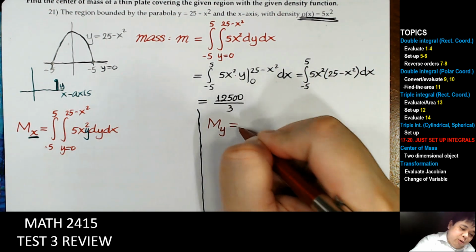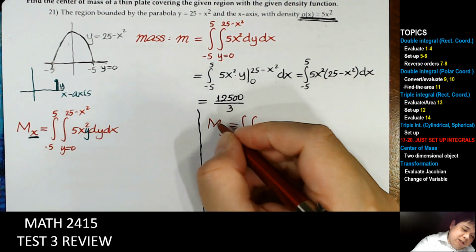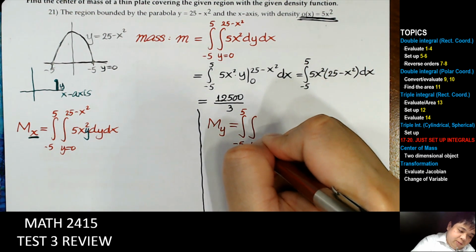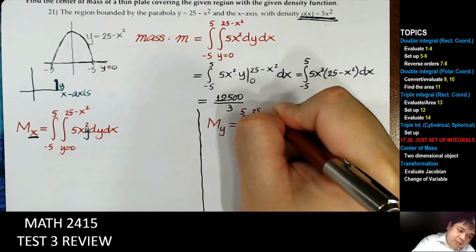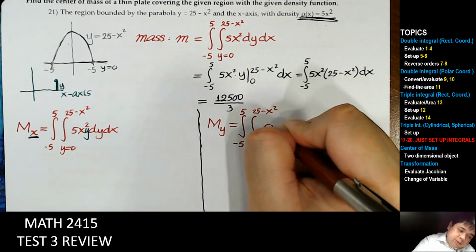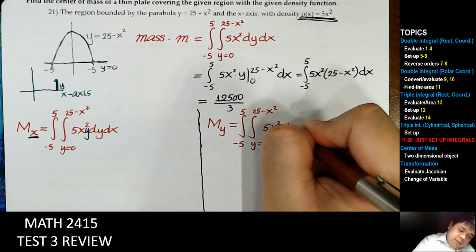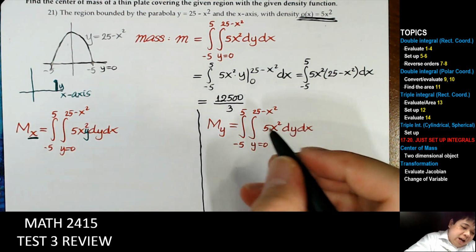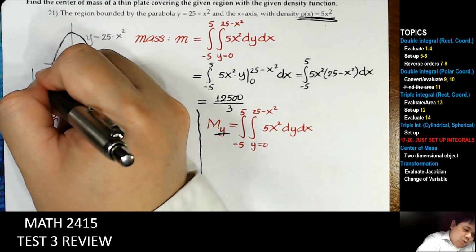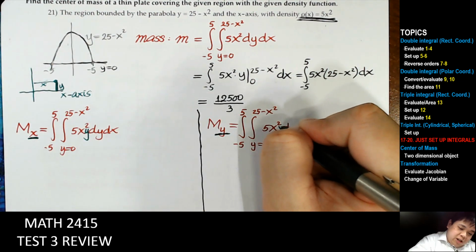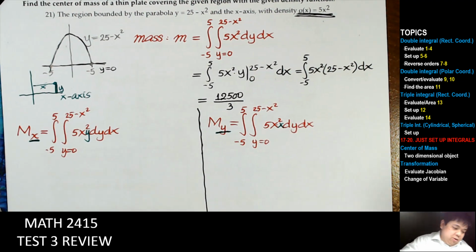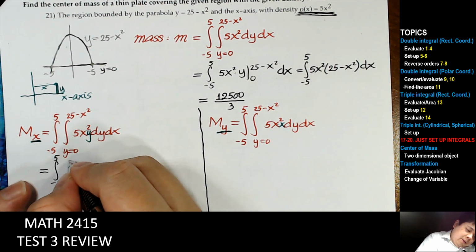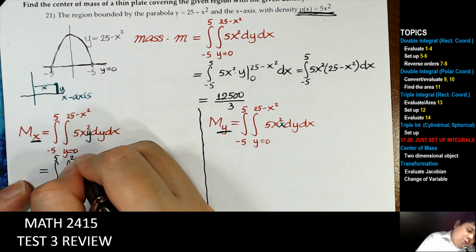Likewise, for the moment My, the distance to the y-axis is of course the x value, so we're going to stick an x here for My. Right, so let's do this. That's negative 5 to 5, 0 to 25 minus x squared.